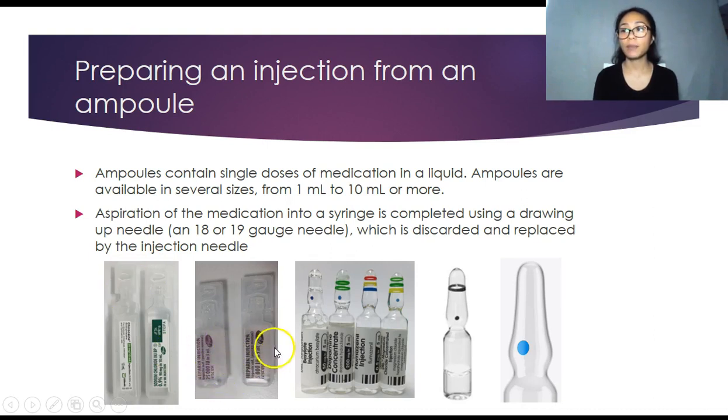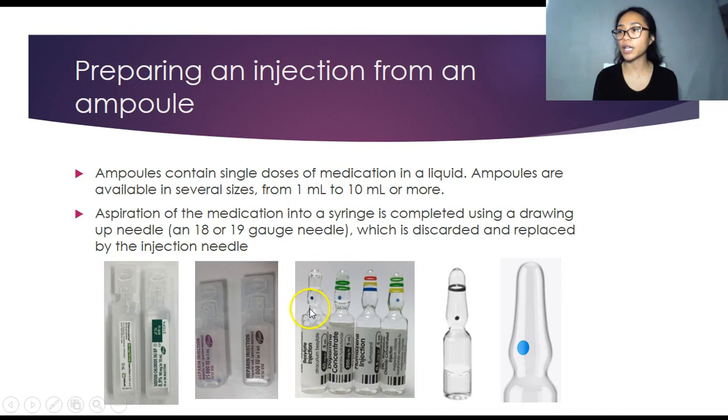But we also have medications that need to be drawn up using a drawing up needle into a syringe. We also have glass vials, which I described to you earlier, the most common example being subcutaneous heparin, and that's really used in acute care, all at the same time every morning.